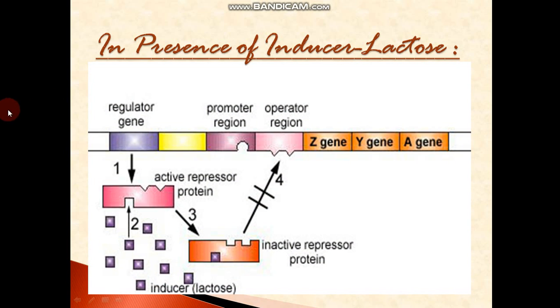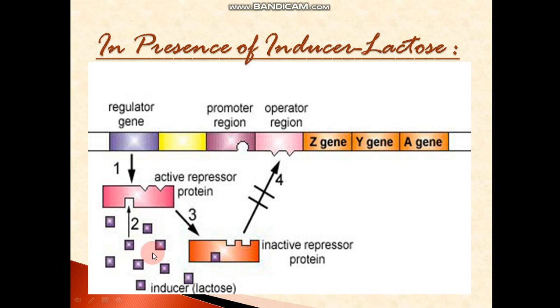See here. The regulator gene is producing the active repressor, but here you can see there is a square kind of groove present. These V-shaped grooves are present by which it is attaching to the operator, but it also has this kind of a square loop.